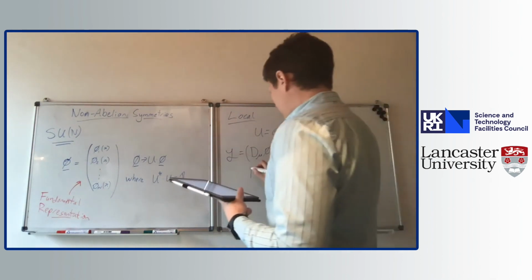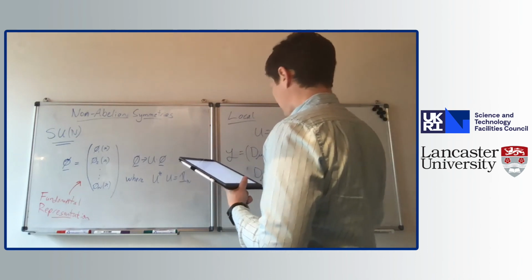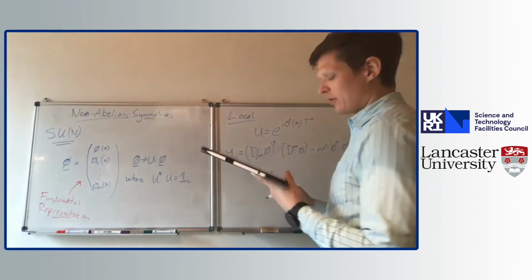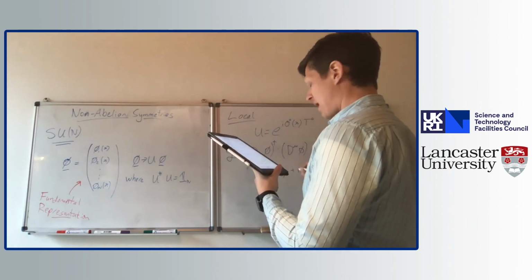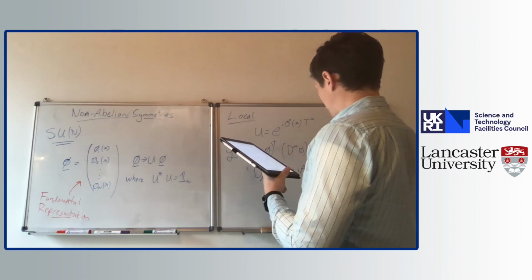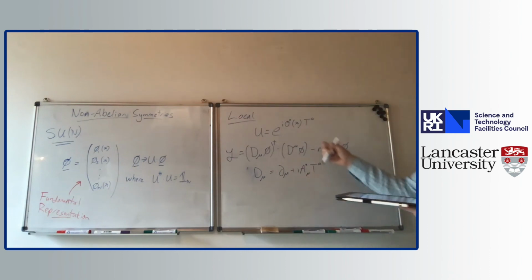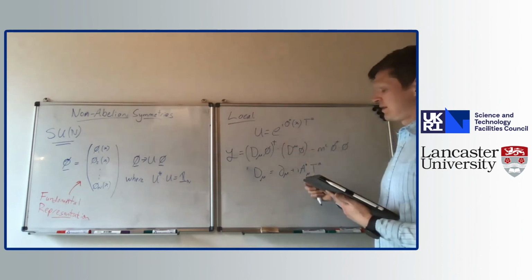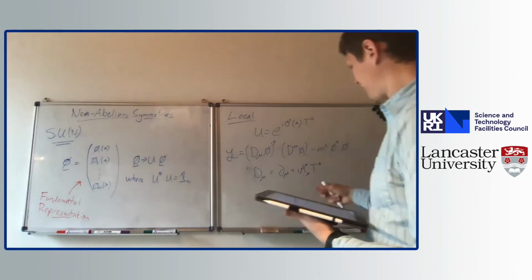And the covariant derivative, big D mu, because I've not put any gauge coupling yet, we're going to put that back in the future, is d mu plus i A mu^a T^a, where each A mu transforms in a manner similar to the way that A mu transformed for the abelian case.